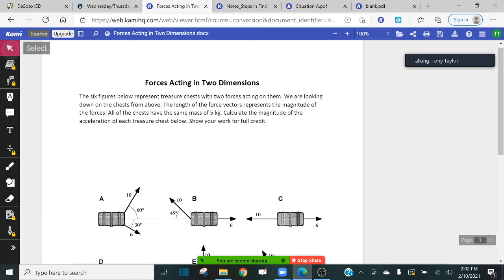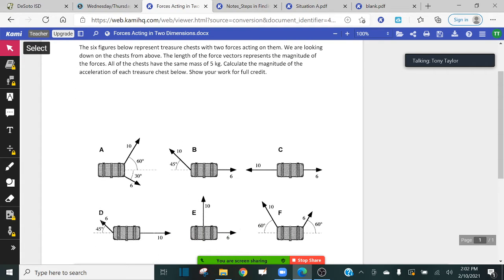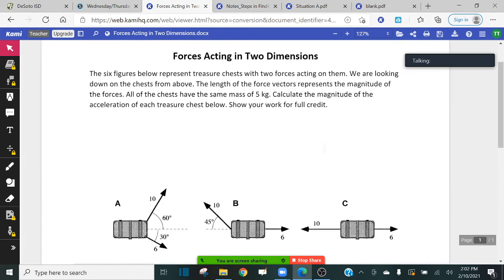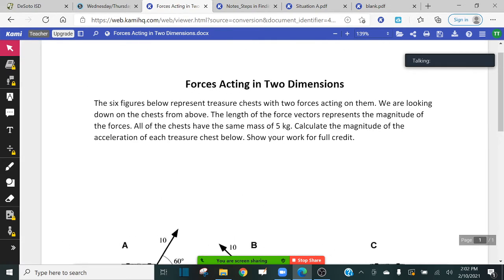Okay, so guys, let us read the instructions. And remember, I'm going to do letters A and B with you all, and then you guys are going to do C, D, E, and F. So the directions say the 6 figures below represent treasure chests with 2 forces acting on them.